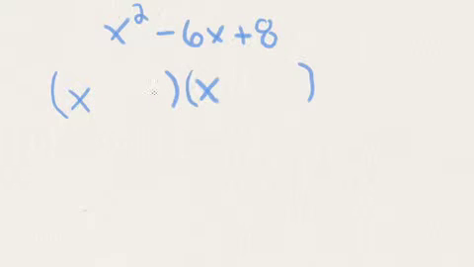Alright, next we're going to deal with the other blank space. It's going to be a number. And to get that, we're going to look at our c term, our last term. Go ahead and write that over onto the side in some sketch area. And we're going to write all of the factors that will multiply together to give us that last term.